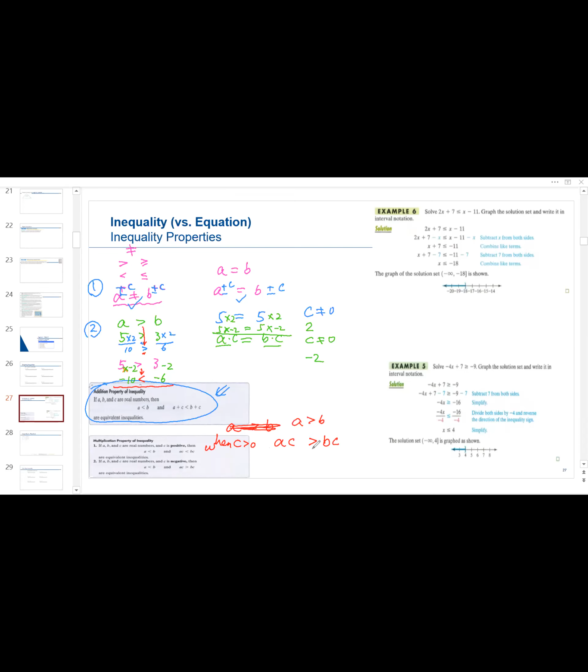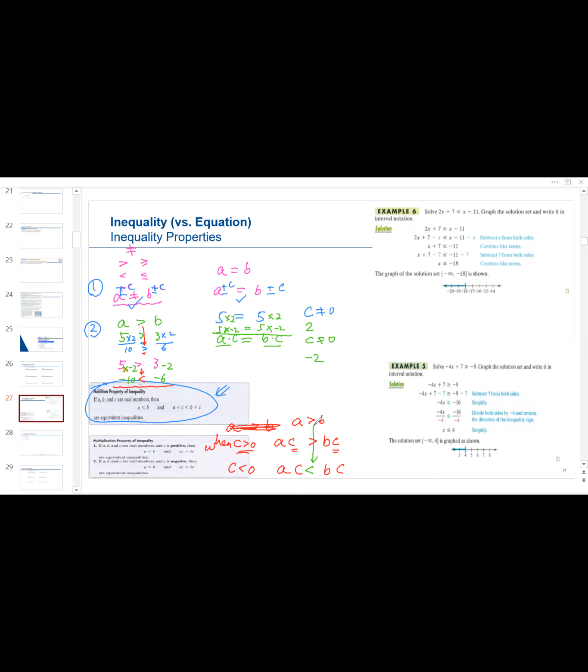This C should be a positive number. When C is a negative number, the alligator mouth is changed to the opposite.